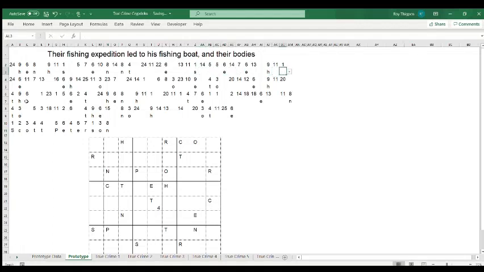Whoops. I know there's more efficient ways to do this, but I'm going to do this manually just to show you the process.